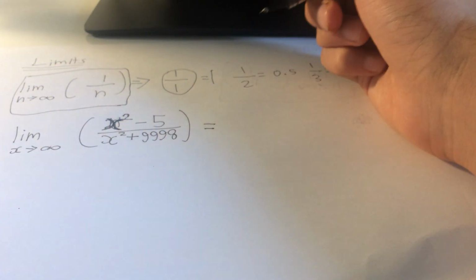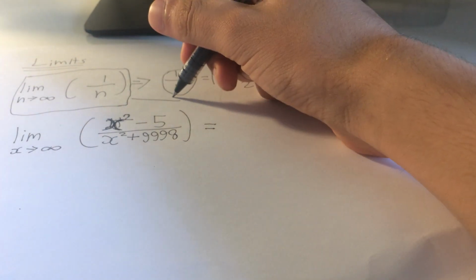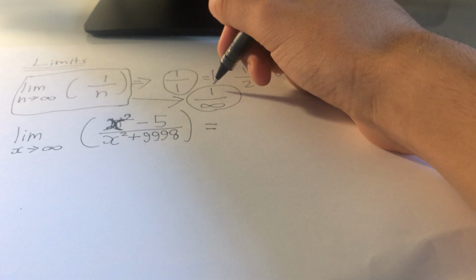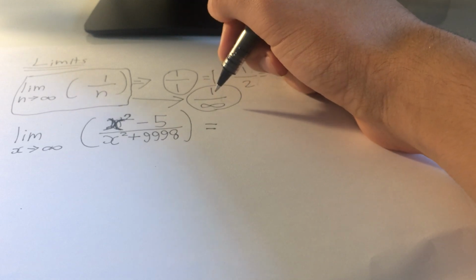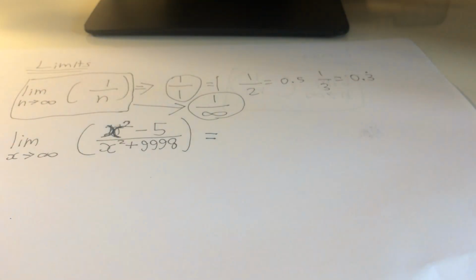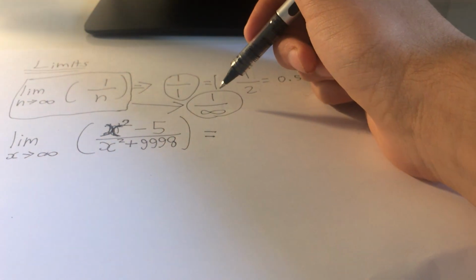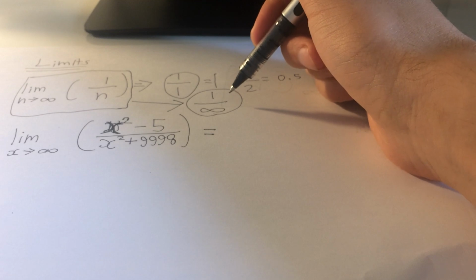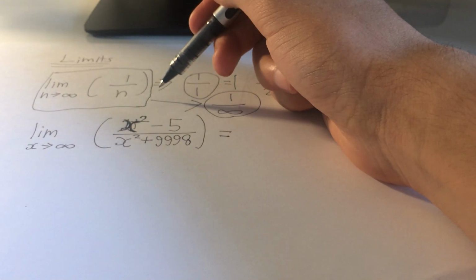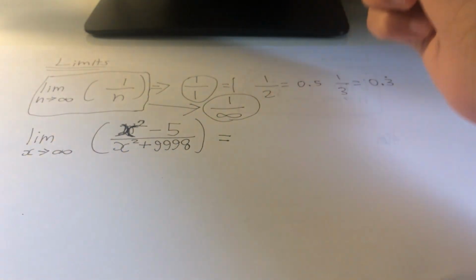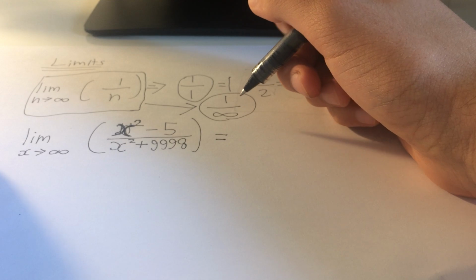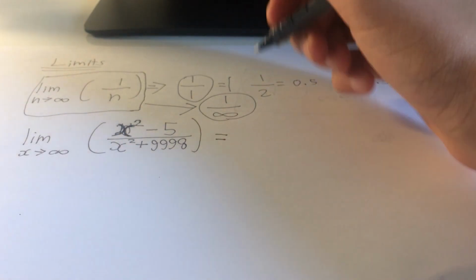Okay. How do you approach this? And by the way, I'm just going to clarify for you. What you're trying to avoid is writing this, because this is an indeterminate form, which means it doesn't really have a value on its own. It just shows you that there's a different way to express it, so I'm not going to delve into that, but what I'm trying to show you is that in a limit we're trying to avoid using that kind of notation, which is wrong, speaking from a very strict mathematical point of view.